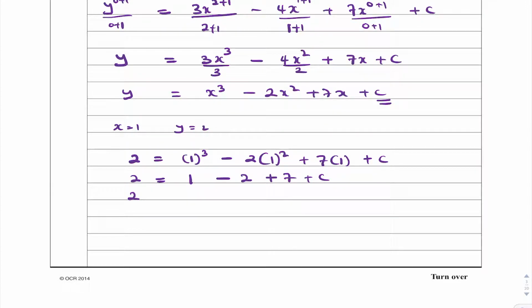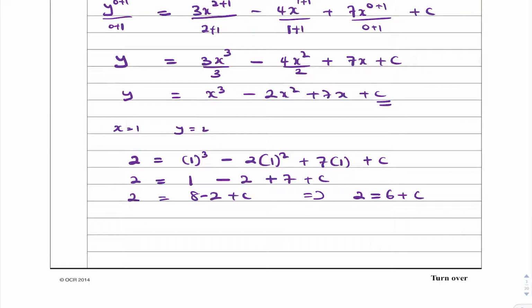Therefore, I get 2 equals 6 plus c, and therefore c equals minus 4.